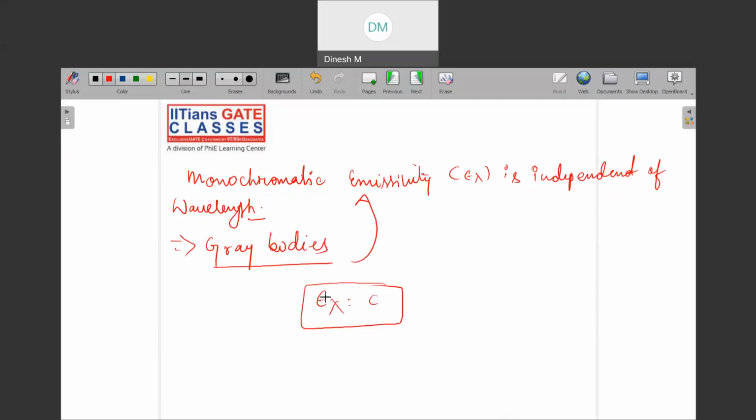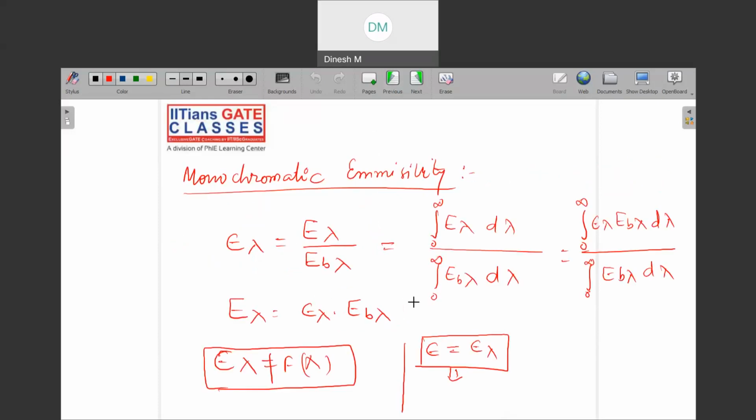Okay. So what happens is that your emissivity depends upon the wavelength also, whenever you are working with non-gray bodies. Your ability to emit is dependent upon wavelength.